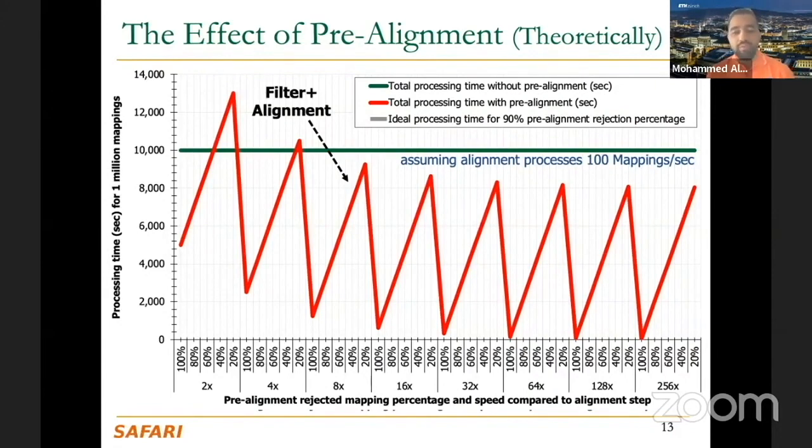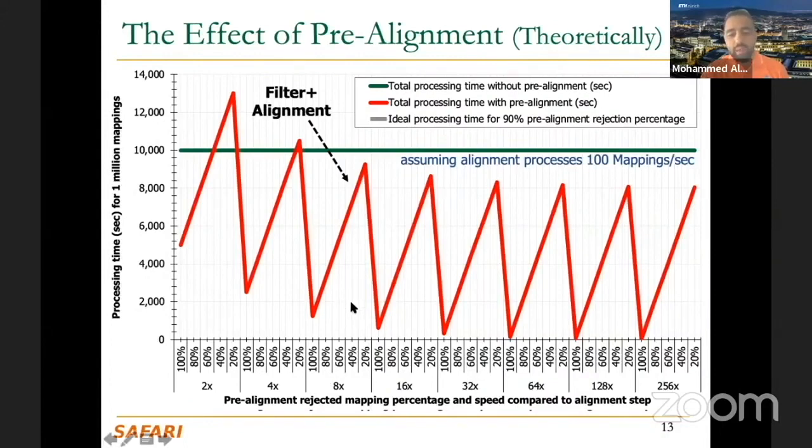Again, we have the execution time for the filtering for the entire data set, which is 1 million pairs. Remember, the filter is 2x faster than the aligner, so we need 5,000 seconds just for filtering, plus whatever the execution time for the aligner for the 80% of the pairs. This way, we are increasing the execution time because we add an overhead for the filtering and we reject only a minimal number of pairs.